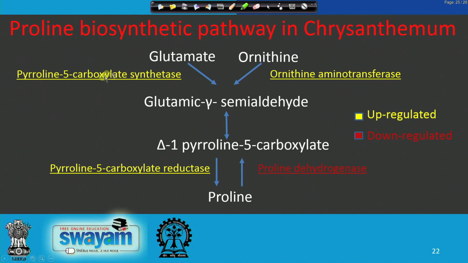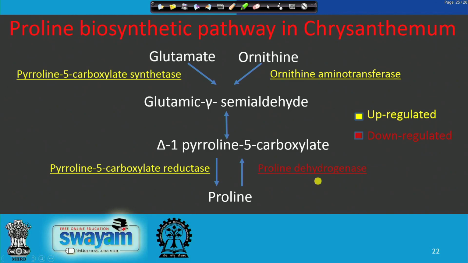It means that if their expression is upregulated, finally the proline production will be increased, and at the same time the expression of proline dehydrogenase is downregulated in salt stress. It means the plant tries to accumulate more proline under salt stress by overexpressing these three enzymes and by downregulating this particular enzyme.